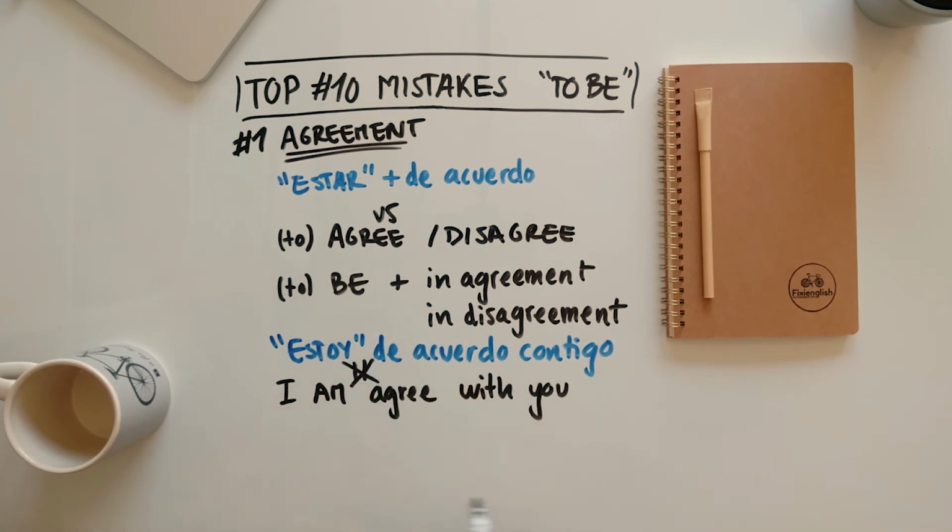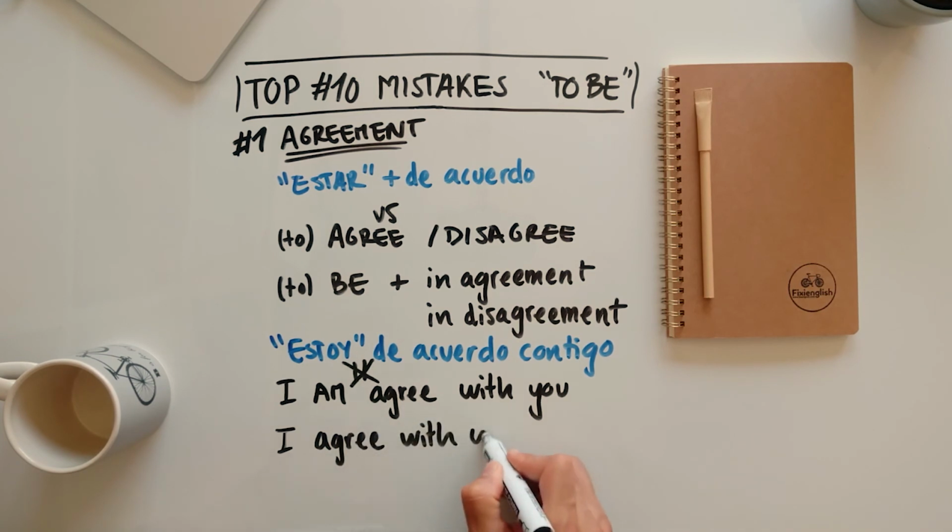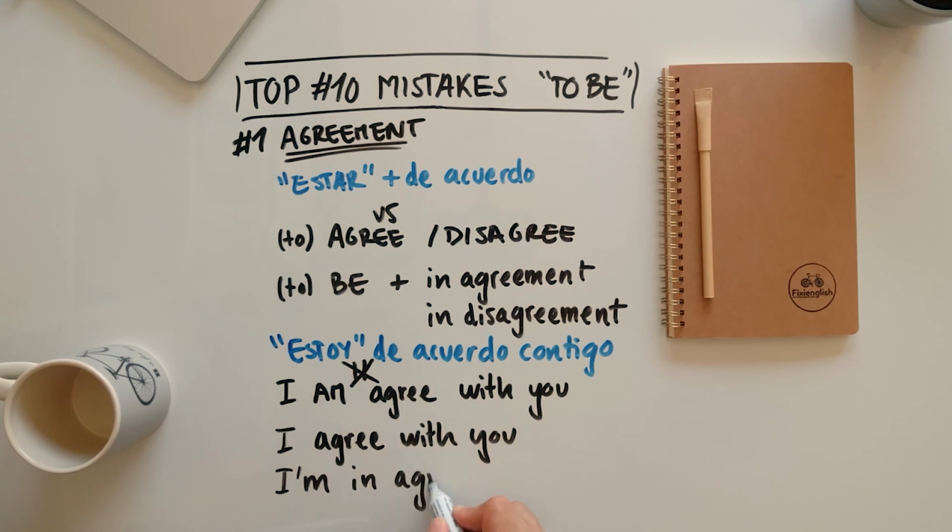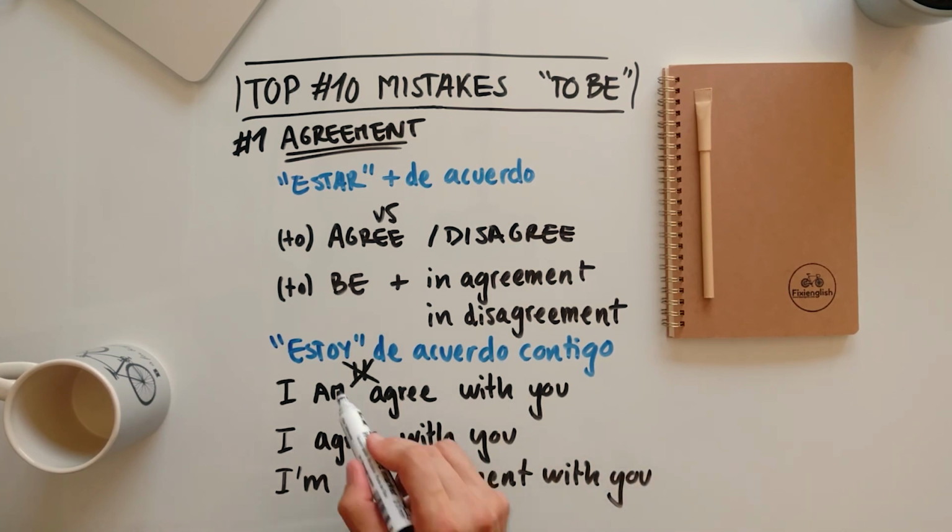We would not be able to express it this way. We would either have to say, I agree with you, or we would have to use the other expression that uses the verb to be, saying, I'm in agreement with you. But we wouldn't be able to use the verb to be followed by the verb agree.